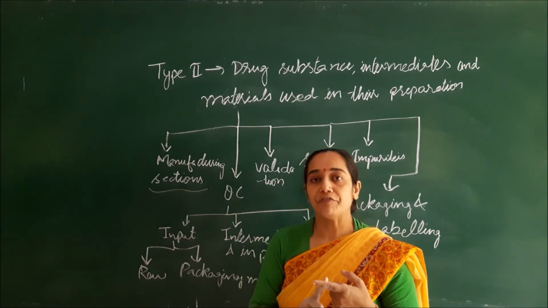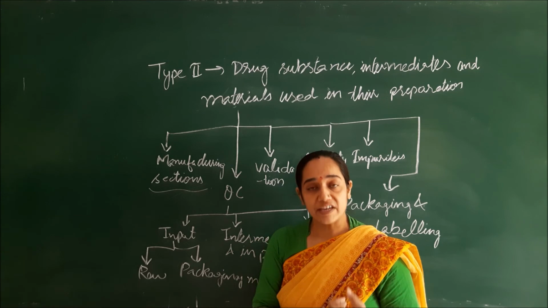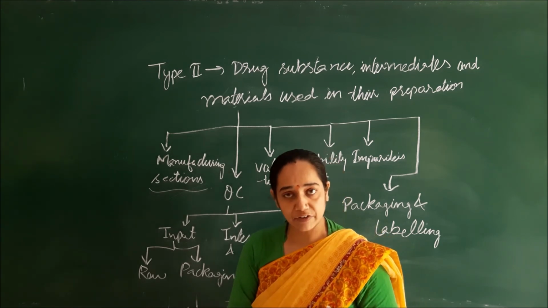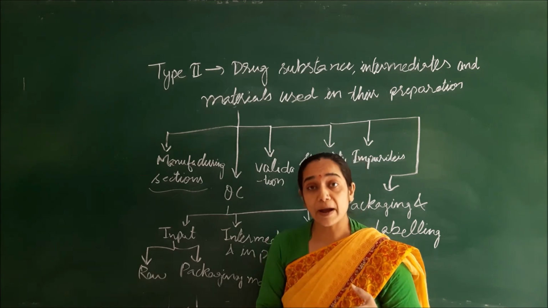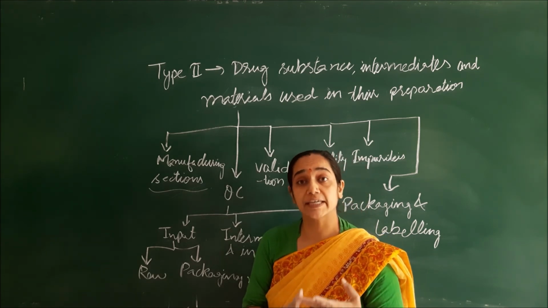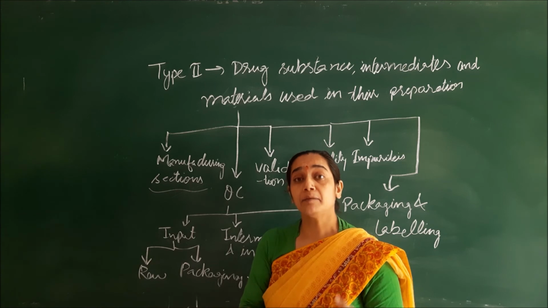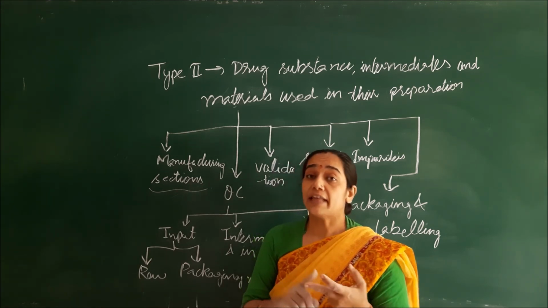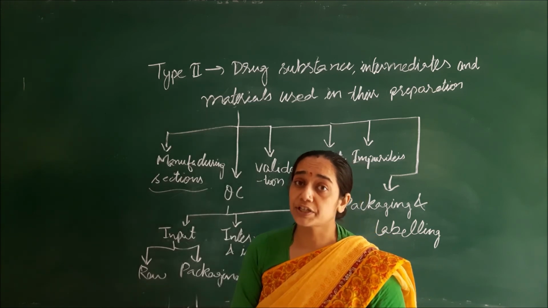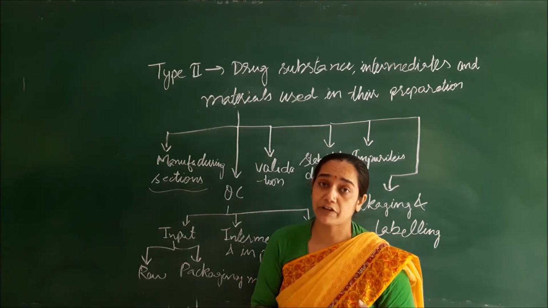Second step will be the accurate weighing of the components. Then the next step will be the mixing. Next part will be shifting, mixing, and then it will be mixed with the granulating agent. Then after addition of the granulating agent, suitable mixing will be done.